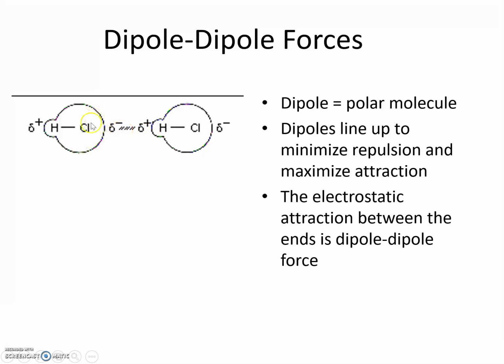So here we have the negative pole on this HCl attracted to the positive pole on this HCl. Okay, and then those dipole-dipole forces will cause an attraction, so that's an intermolecular force. And if you have more opportunities for dipole-dipole interactions, you're going to have stronger intermolecular forces.